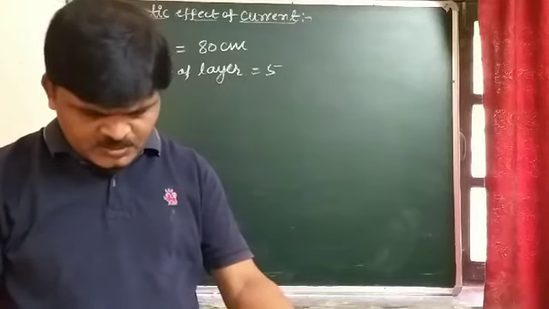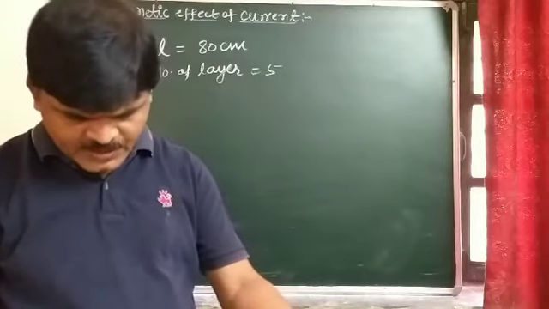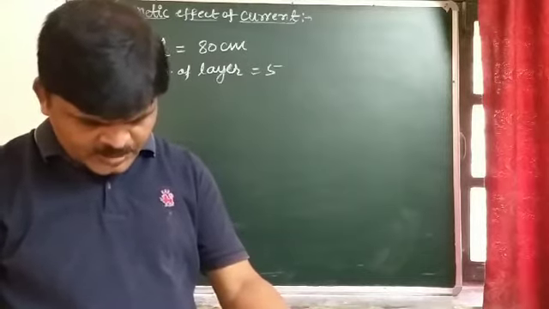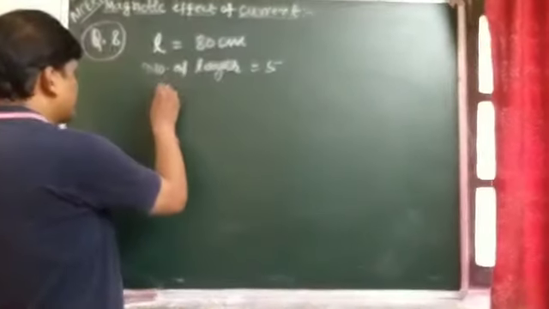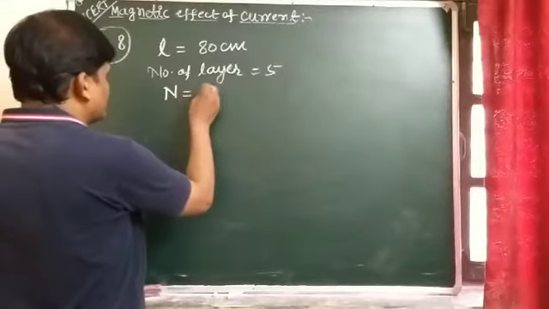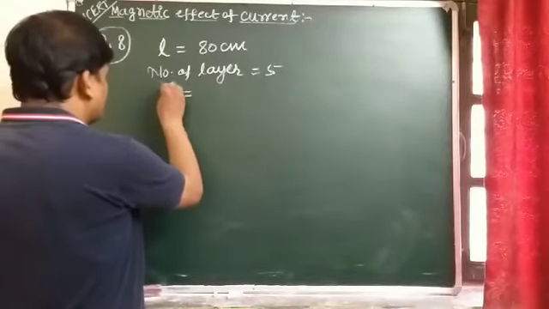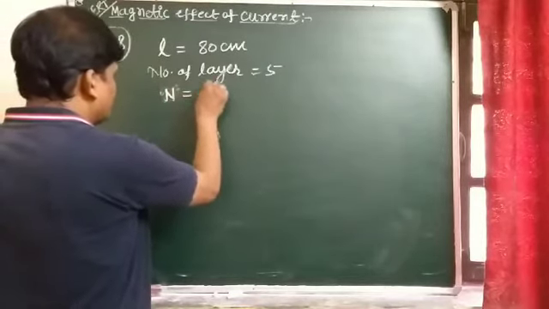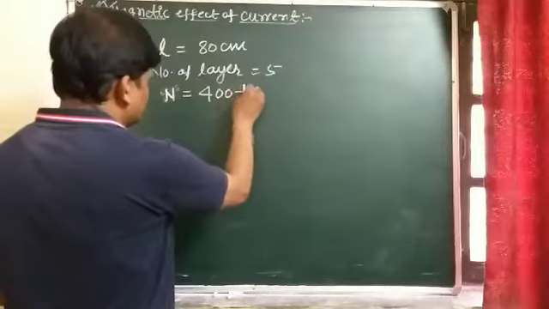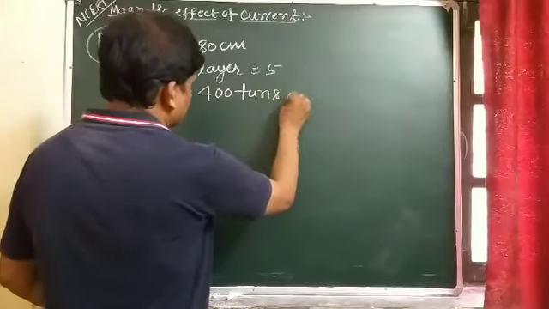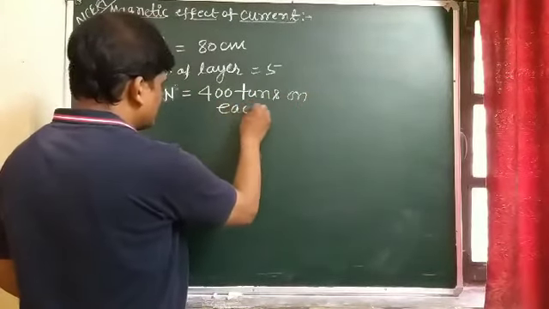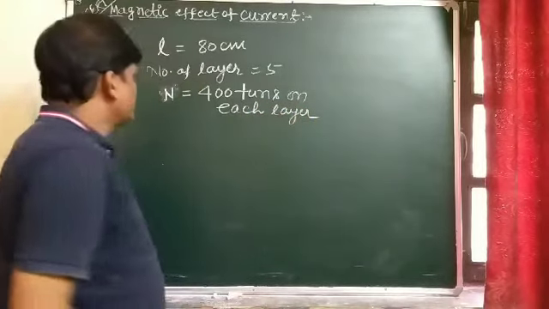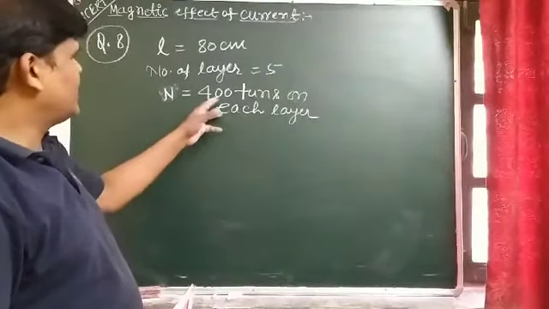A closely bound solenoid 80 centimeter long has 5 layers of binding of 400 turns each. It means N is 400 turns on each layer.